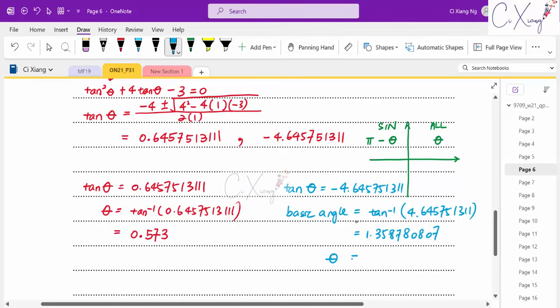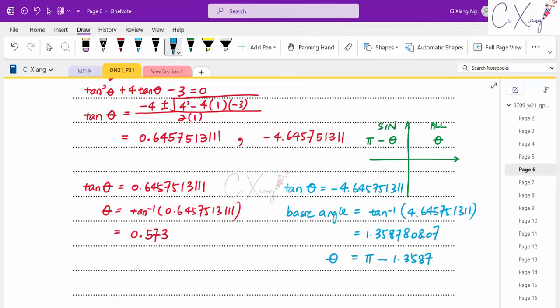Okay, so this is my basic angle for now, and then I want to get my answer for theta. Now I'm having tangent negative, right? So in which quadrant is tangent negative? In the second quadrant, tangent is negative. That means I only want to accept the answer from this quadrant here. To get the answer from this quadrant, you have to take pi minus the basic angle. So I take pi minus the basic angle that I got just now, which is 1.358780807.